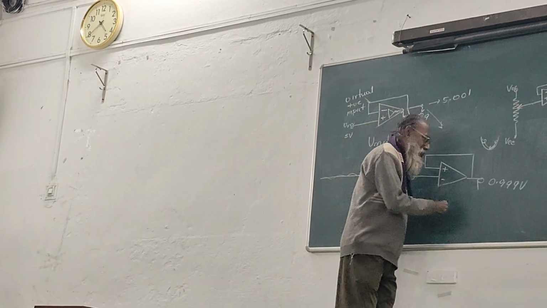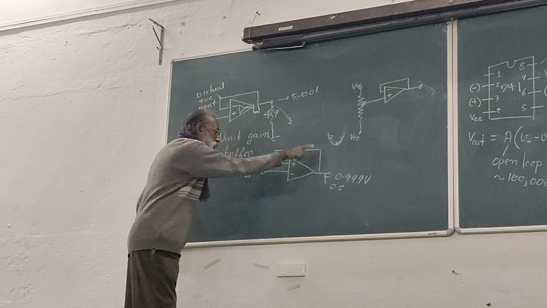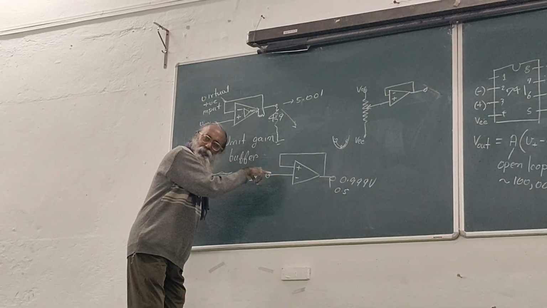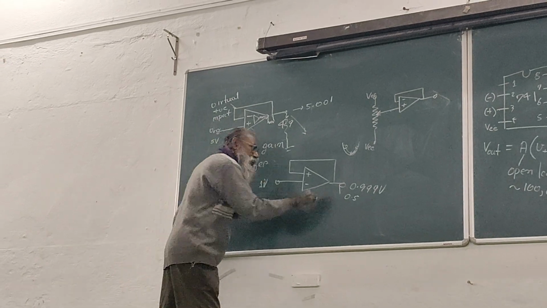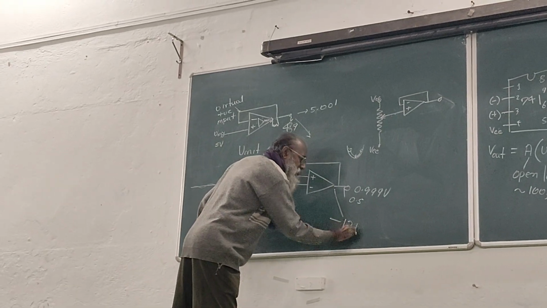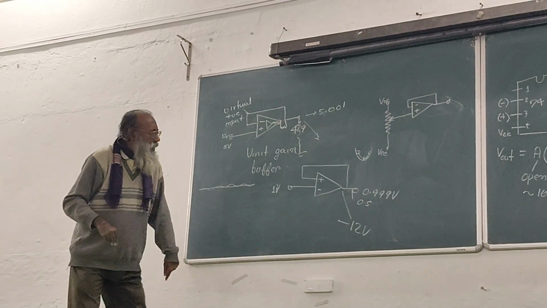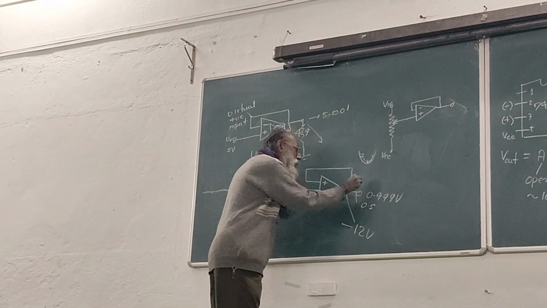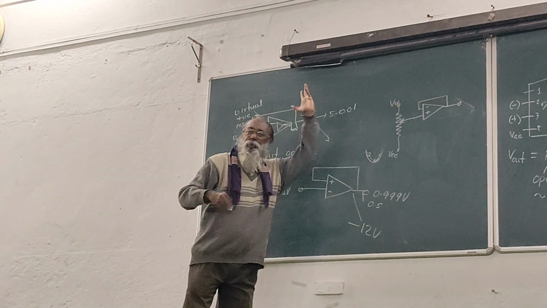If it goes down, then it becomes 0.5, then the positive voltage is even more away from the negative voltage, so you go to minus 12, so minus 12, not minus 11.9 volts. Likewise, if at the beginning somehow the voltage is 1.001 or something like that, it will shoot up and get stuck.